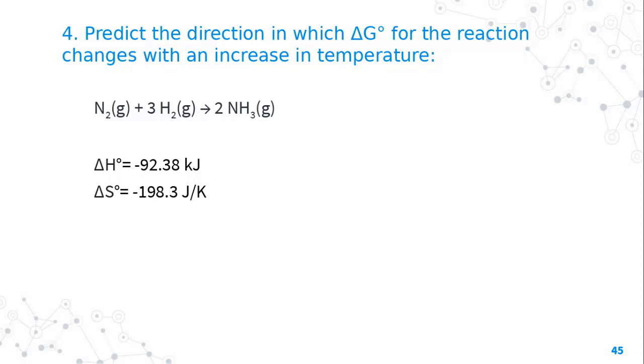Predict the direction in which delta G for the reaction changes with an increase in temperature. All right, so let's set this guy up. So we should have delta G not equals delta H minus T delta S. Okay, so let's just choose a random temperature, right?